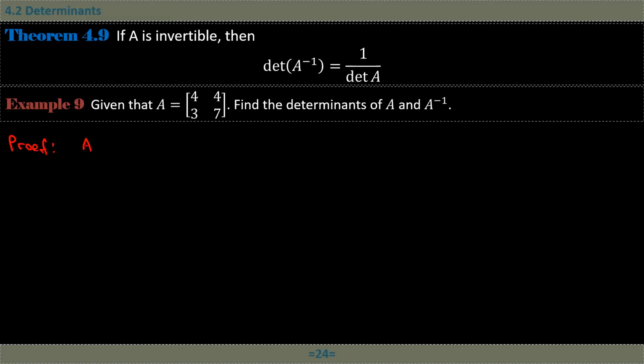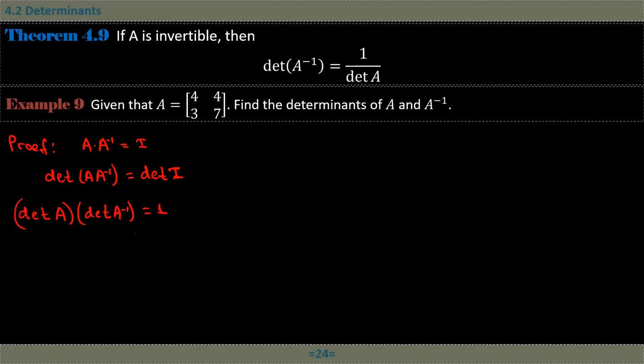That means we have A times A inverse equal to I. Now, if you compute the determinant of both sides, we have the determinant of A times A inverse equal to the determinant of I. Using what we saw in the previous video, that the determinant of A times B equals the determinant of A times the determinant of B, we can write it as the determinant of A times the determinant of A inverse. And we know the determinant of the identity matrix is equal to 1.